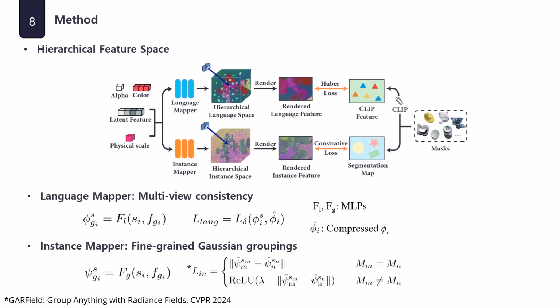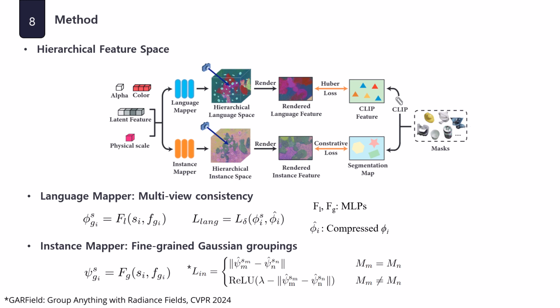Similarly, the physical scale and latent feature are also fed into another lightweight MLP, the instance mapper, to obtain an instance feature. These instance features, once rendered, are supervised using the segmentation map via a specialized contrastive loss.